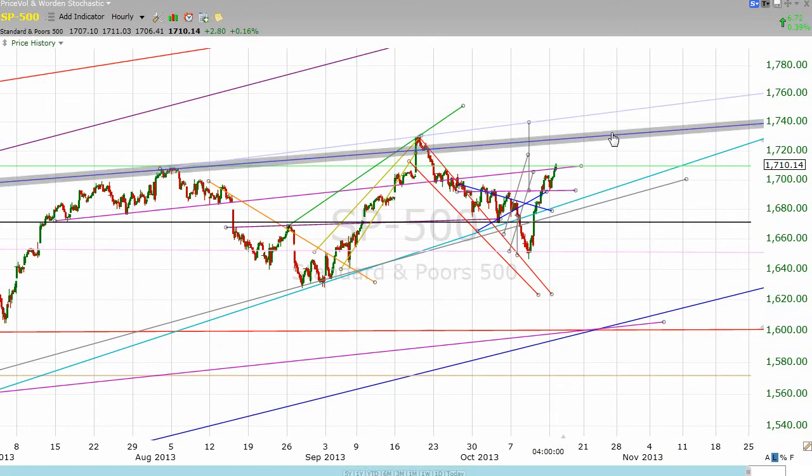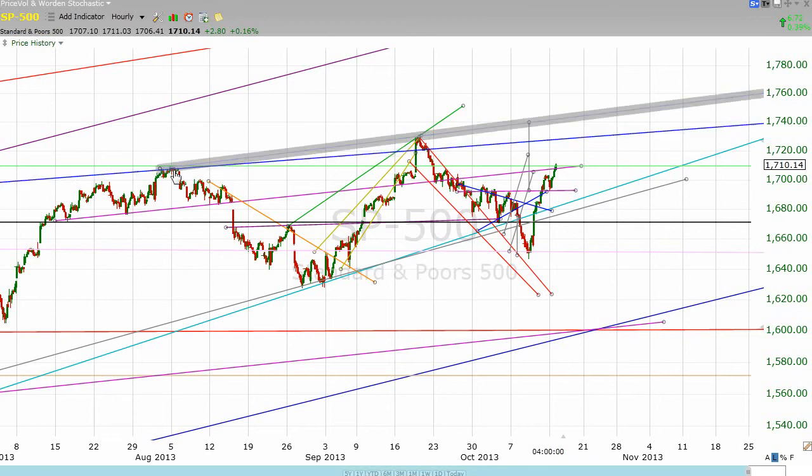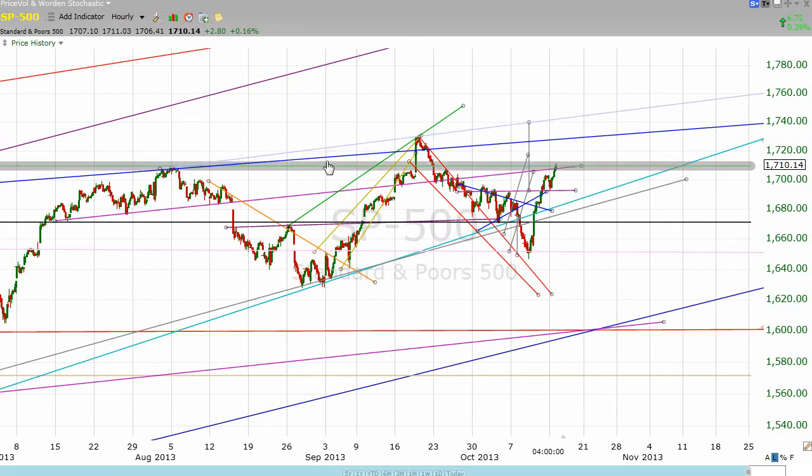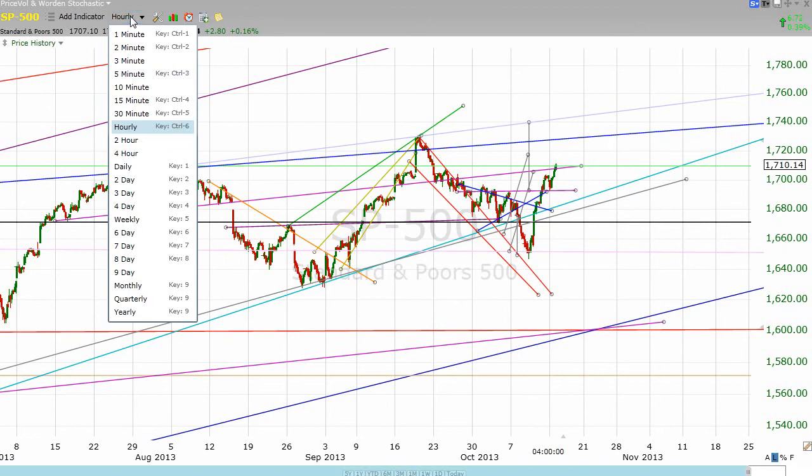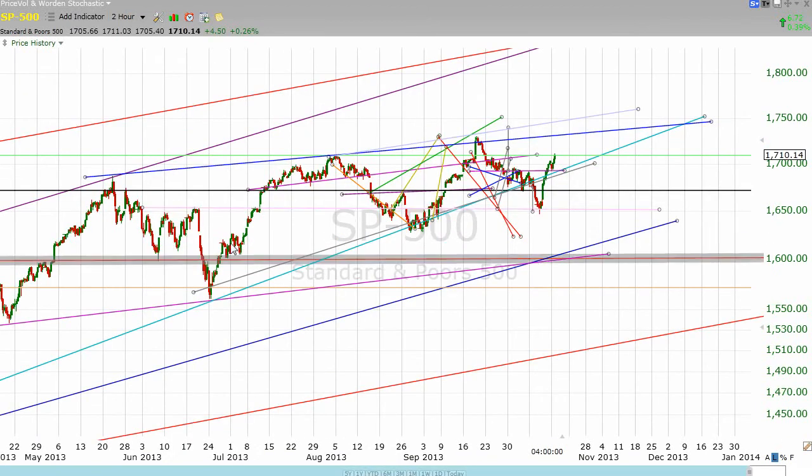This line right here goes back to the previous high before the one back in early August. So I guess what I'm trying to say is the last three tops do not line up. We got here, here, and here, and they don't all line up. This line lines up with the first two.